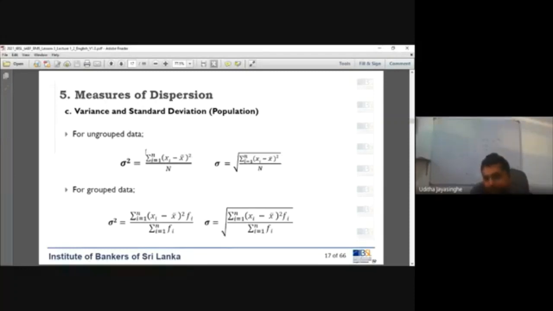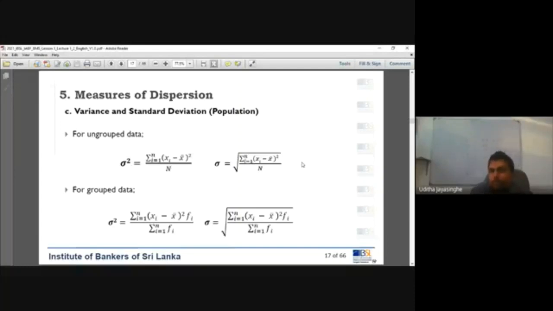Similarly, for grouped data and ungrouped data, I have two definitions. If you have individual items, ungrouped data, you divide by the number of items. But if you have grouping, instead of taking n, you divide by the total frequency. Just bear in mind that this form for grouped data is enough for you to keep the equation in mind and apply it even if you have a grouping in place.